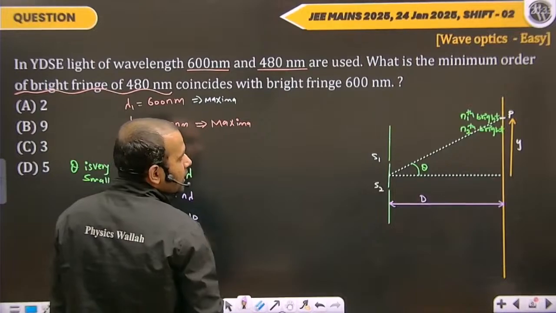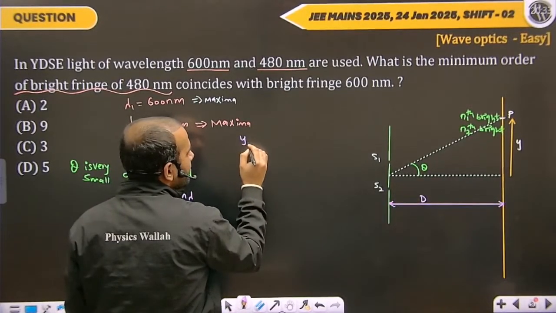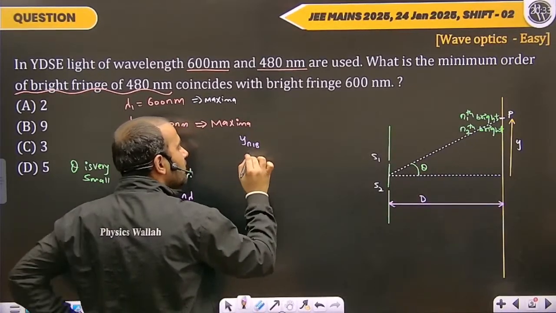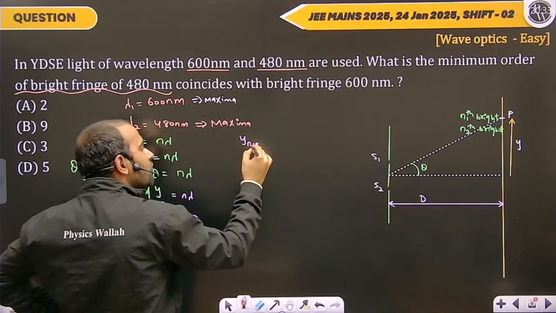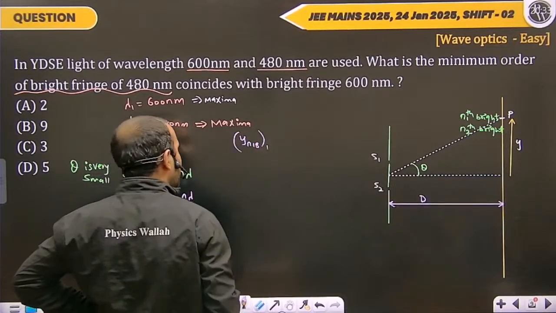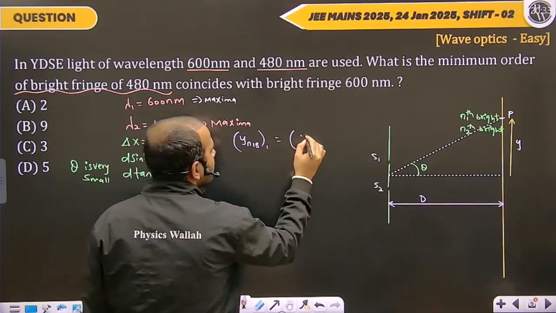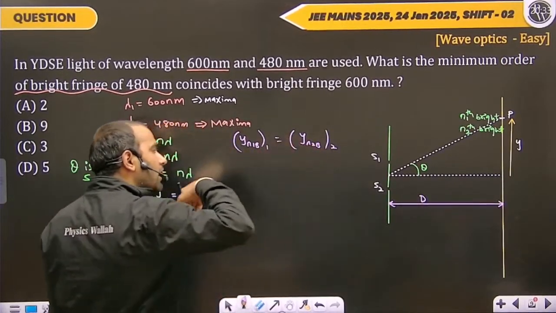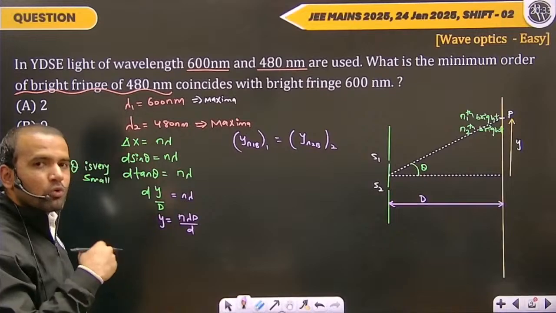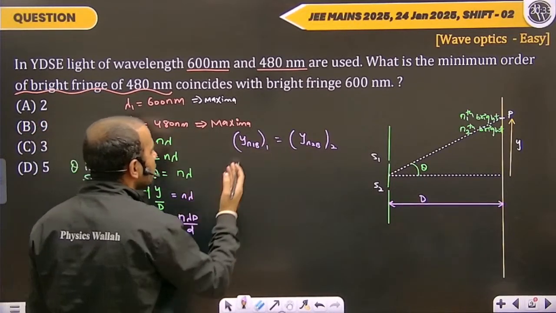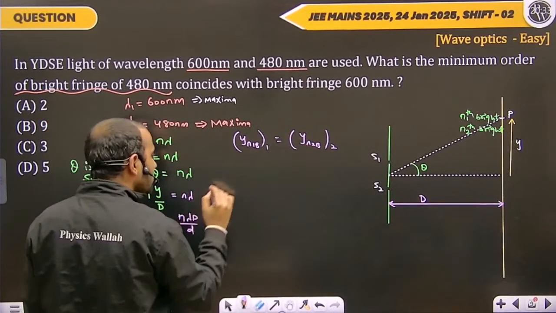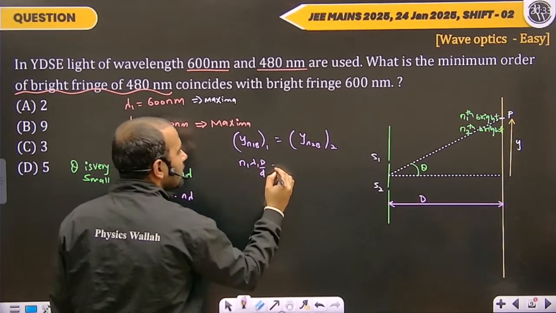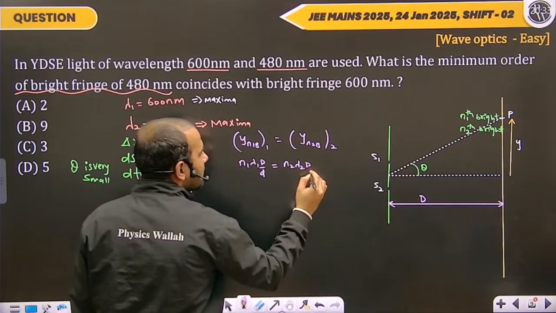Now n1 bright fringe, meaning the n1th bright fringe due to the first wavelength, equals y of the n2th bright fringe due to the second wavelength. They are coinciding, so the y value will be the same. So it will be n1 lambda 1 capital D by small d equals n2 lambda 2 capital D by small d.